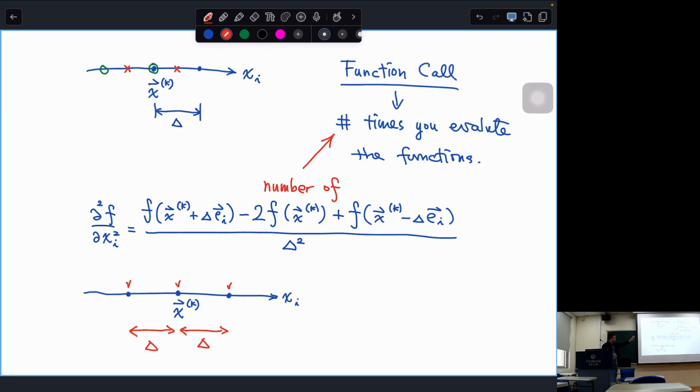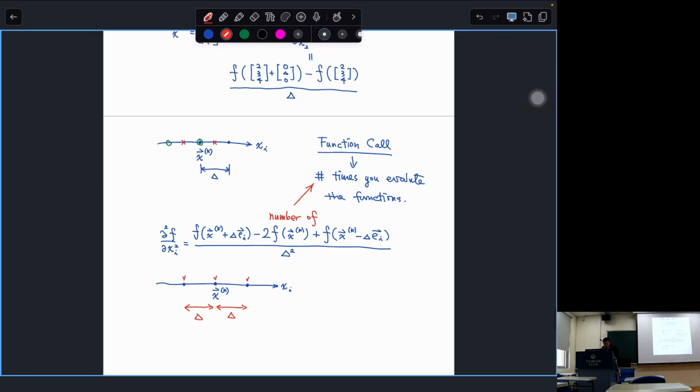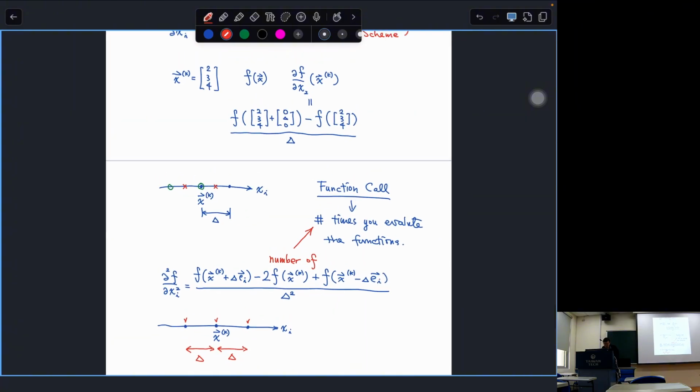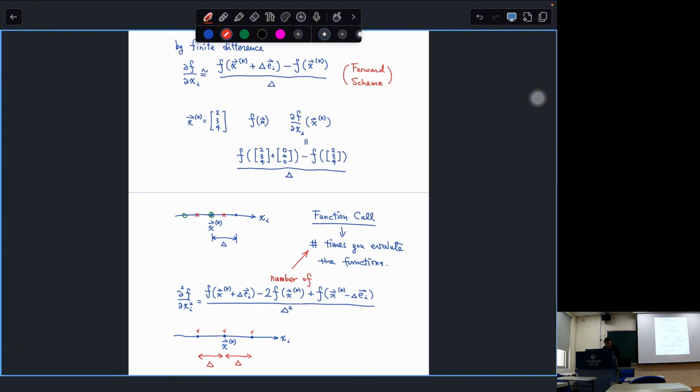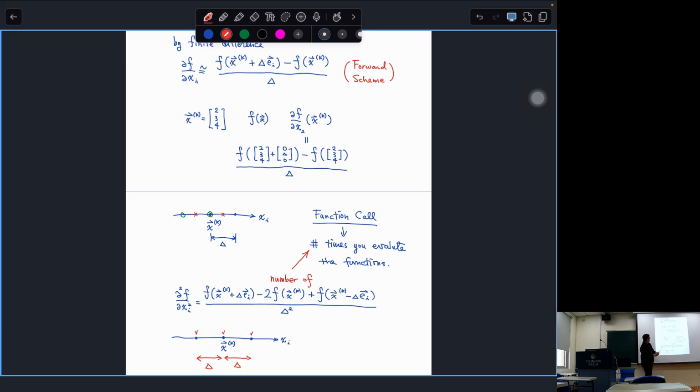So whenever there's a required calculation, in computers, if you are calculating for this first order partial derivative and second order partial derivative, you compute for this guy and this guy. Okay, that means you already evaluate the function value once here, another time here, so that's twice.